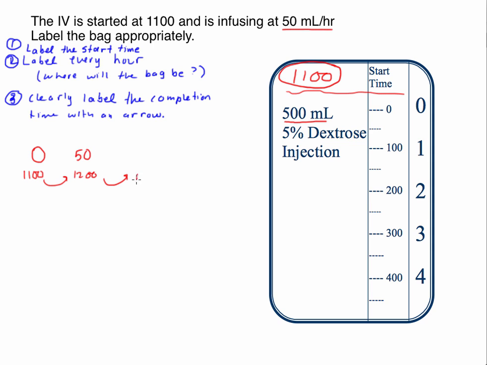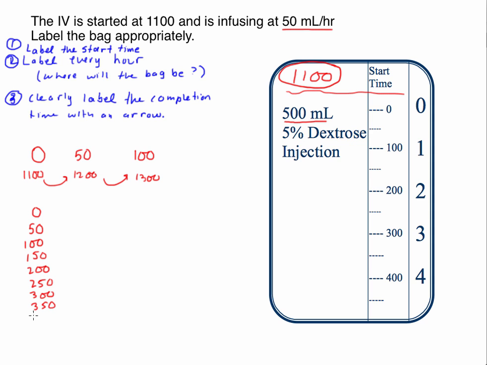Then another hour, at 1300, we add another 50, we know 100 milliliters have infused. So I'm going to go through and write down everything that I'm going to mark. I'm going to mark 0, 50, 100. I'm going to mark every 50 milliliters because that is the rate that it's going in every hour.